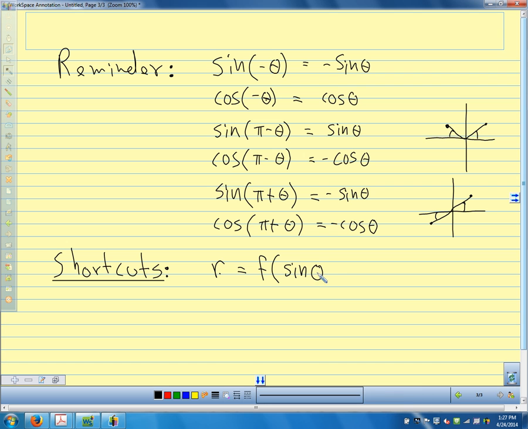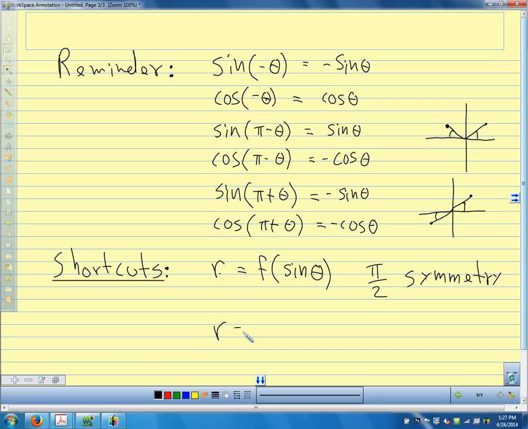If our polar equation only has sine theta in it, it's going to be symmetrical about pi over 2. So I'm going to say pi over 2 symmetry. Anytime we have a graph of a polar equation that just has sine theta in it, r equals sine theta, r equals 2 plus 3 sine theta, something like that, just making these up, it's going to be symmetrical over the pi over 2 axis.